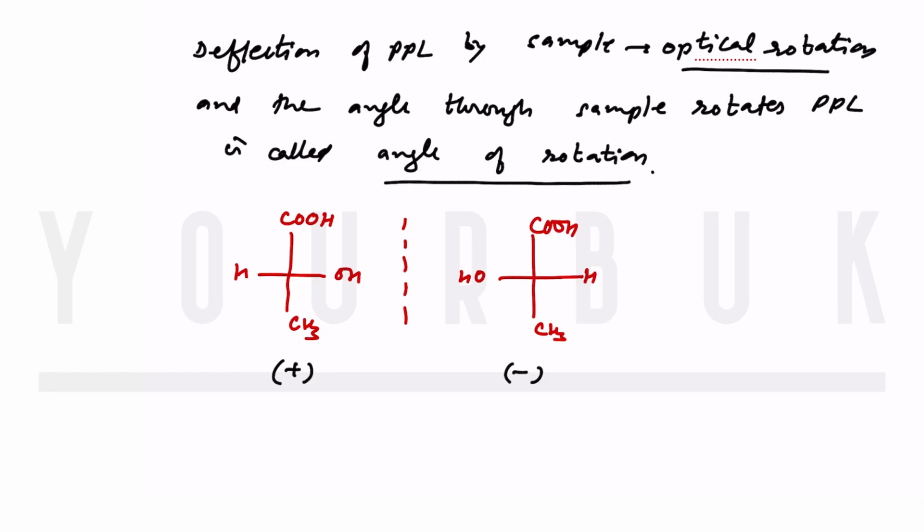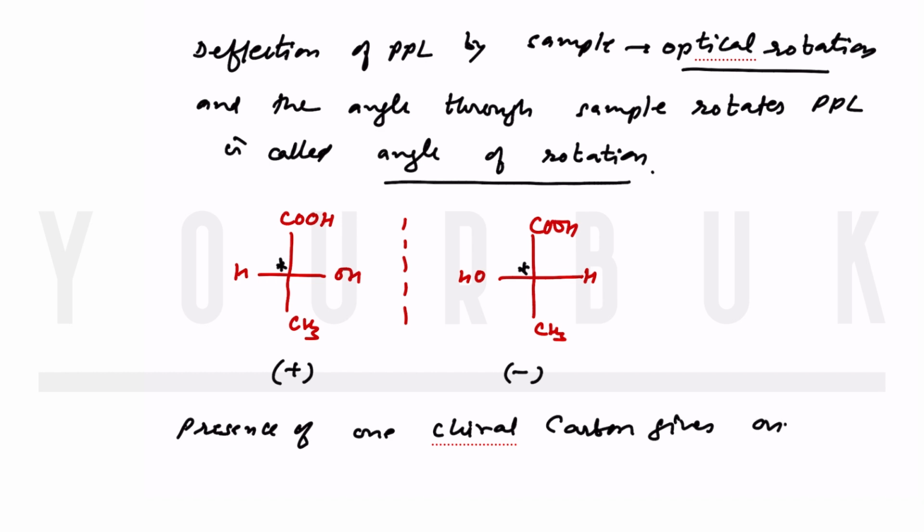But first you have to identify one of the isomers as dextro or levo. So presence of one chiral carbon gives you one pair of enantiomers. Two isomers, but one pair of enantiomers.